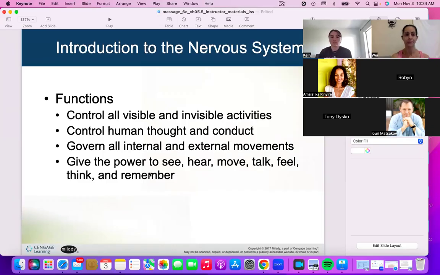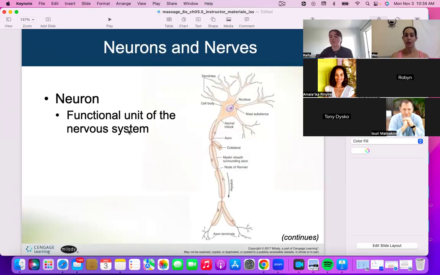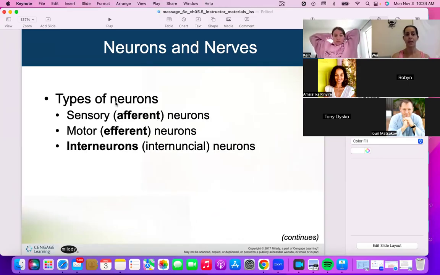And memory. Another card you can create, on our break, or if you want to study after to make sure you have all the information down: type neuron, and the 3 types of neuron is 1, 2, 3, okay?